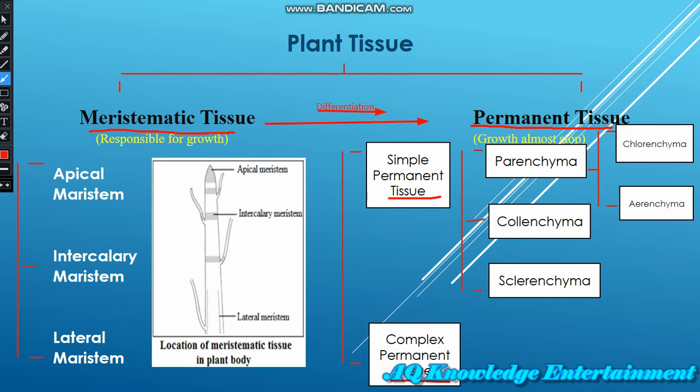So the process of change of meristematic tissue into permanent tissue is known as differentiation. This is also an important point. Many students don't concentrate on this point, but it's really important. Now let's talk about the simple permanent tissues right here. The simple permanent tissues are divided again into three parts: parenchyma, collenchyma and sclerenchyma.